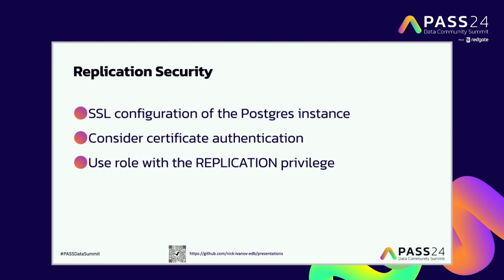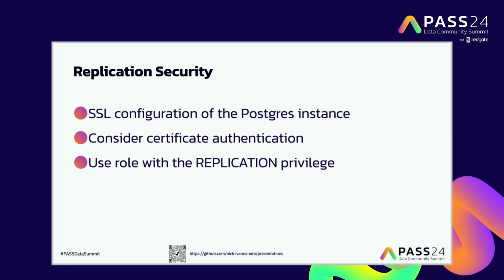So, in closing, a little bit on the surface of what to do when you have your cluster running. Replication security. The replication stream contains all your data, so you want to protect the traffic. Use SSL. Certificate authentication between the nodes.